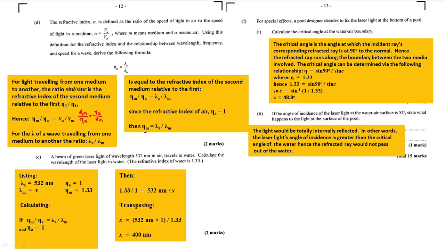You will have the refractive index of the medium is equal to the wavelength of the electromagnetic wave in air, divided by the wavelength of the electromagnetic wave in the medium.